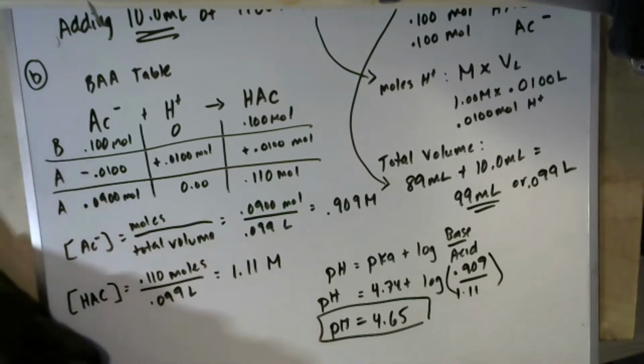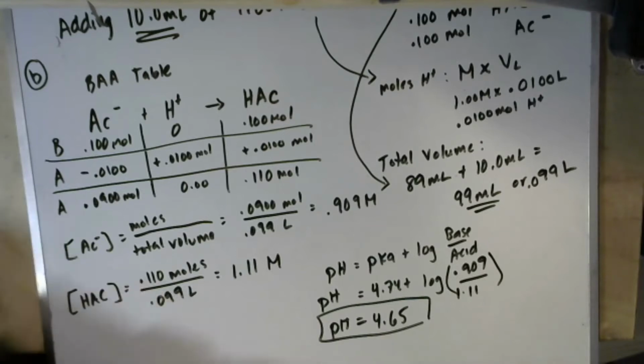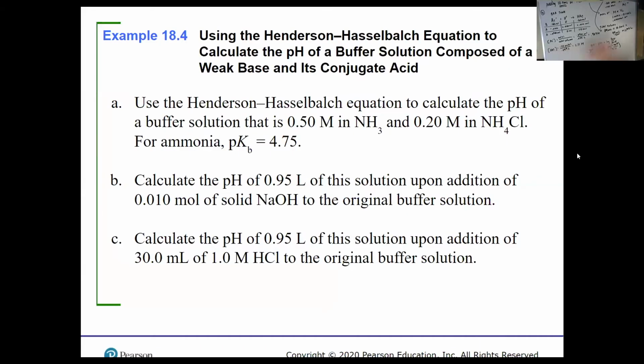All right, let's look at our next set of questions. Here we're going to be looking at bases and Kb values. Okay, so let's just write some of this down.